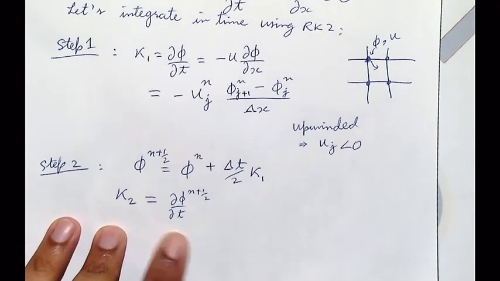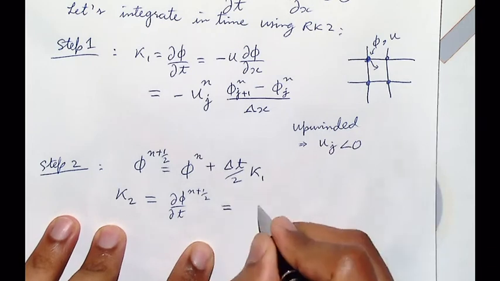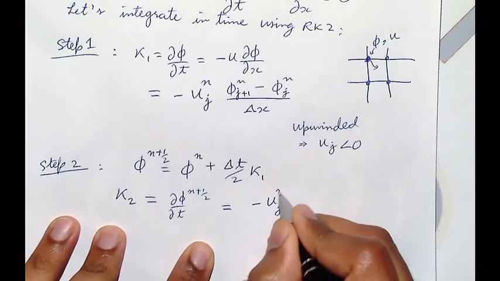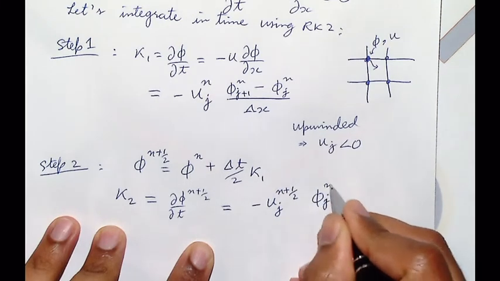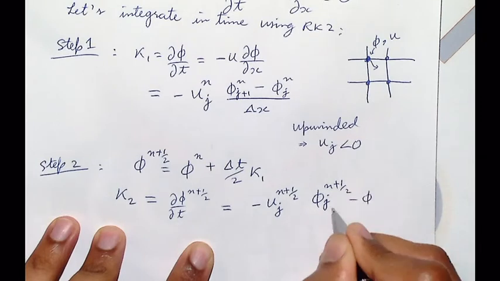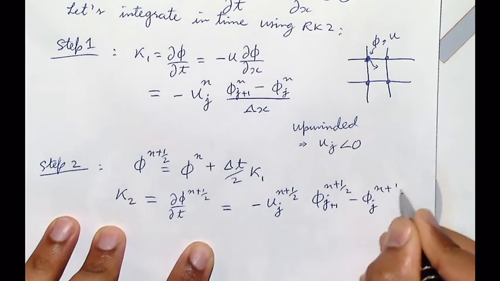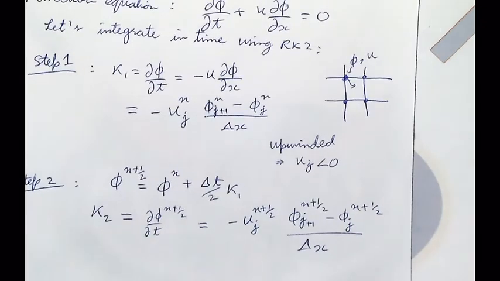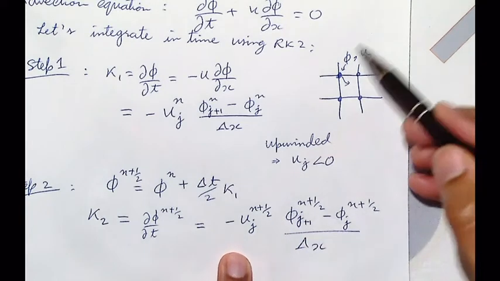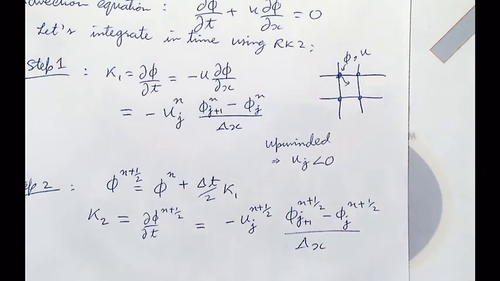So this is minus u j at n plus half times phi j at n plus half minus phi j plus 1 at n plus half. Okay, and in pure advection problems, usually you're given the u, so you don't have to solve for u. You're given that u varies as a vortex, for instance. Okay, so I think we can switch to the computer now.